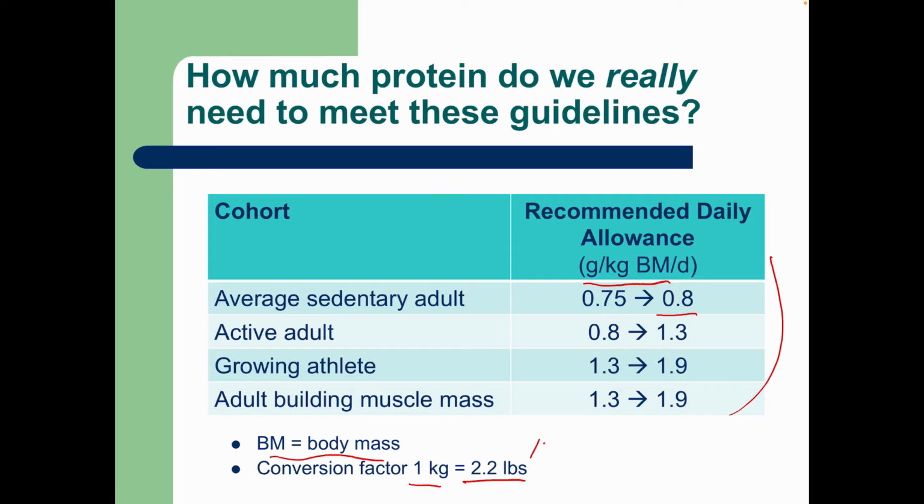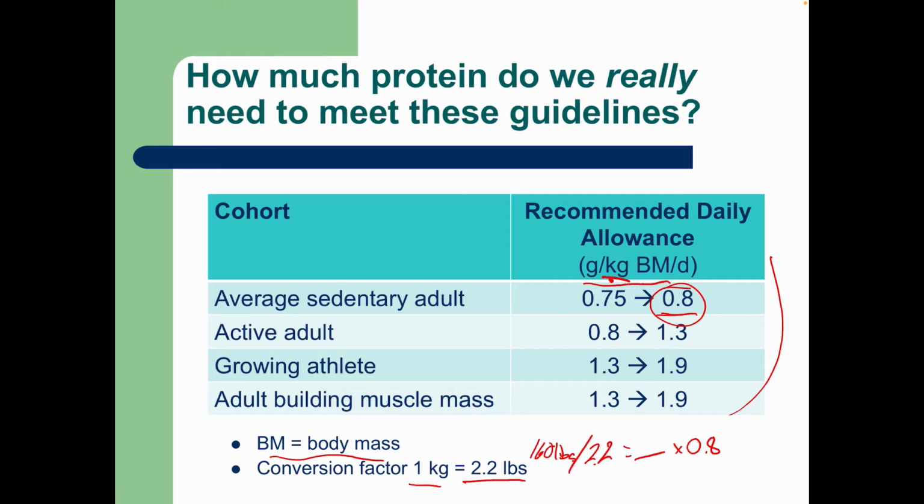So 160 pounds, for example, divide by 2.2. And then we get our kilograms. You can put it in here. And then we can get here. And this is a recommendation. So for the average adult, you need 0.8 grams per kilogram per day. So then you would multiply this answer by 0.8.